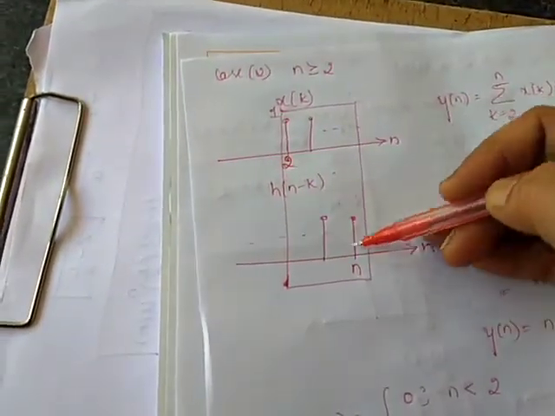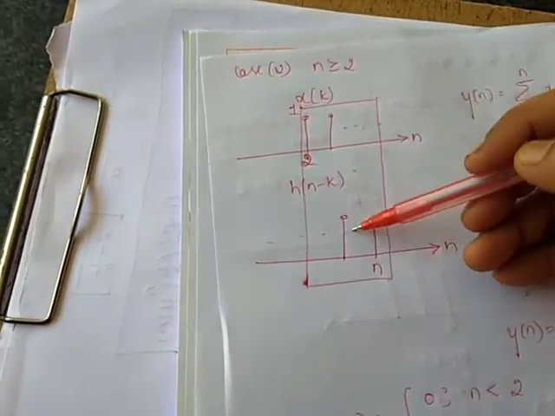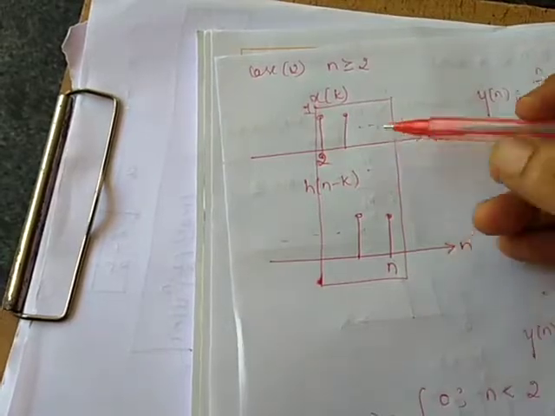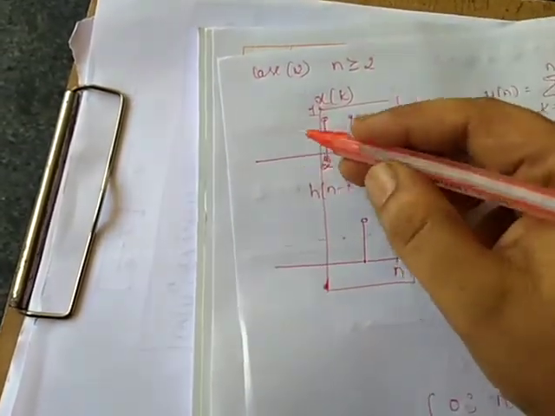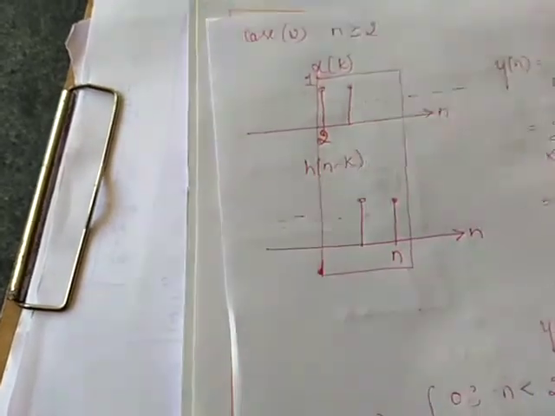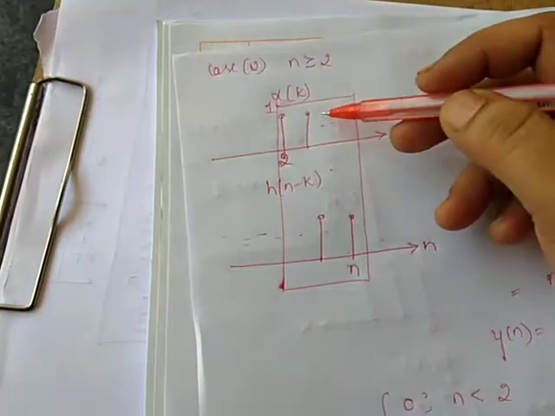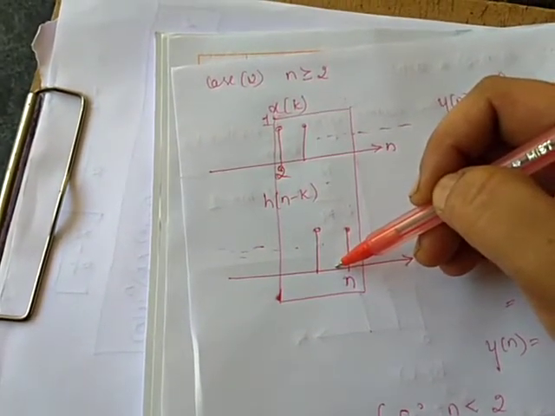So the region of overlapping is from 2 to n. Beyond n only x of k is there, behind 2 only x of k is there. Between 2 to n both the signals are there, so this is the region of overlapping, and we have to compute the convolution sum for this.